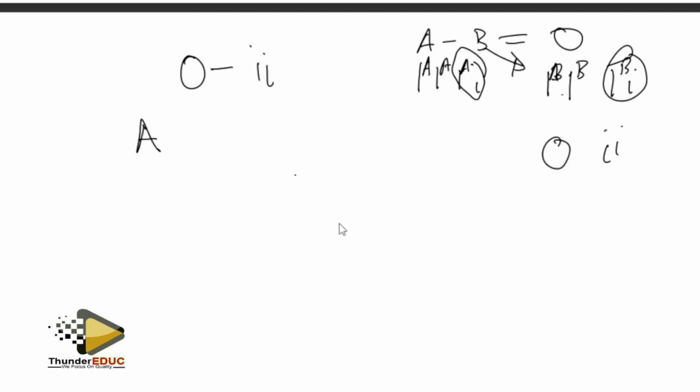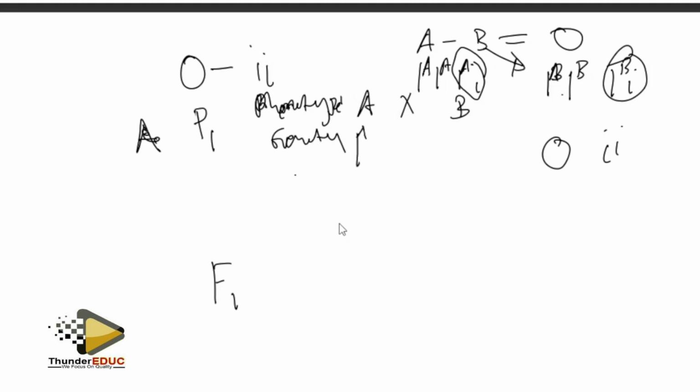So when you talk about the genotype, it is going to be the phenotype. So I'm going to say P1, F1. Genotype, phenotype. I'm going to say A crossed with B. And then I say genotype, I'm going to say A heterozygous crossing with B heterozygous.